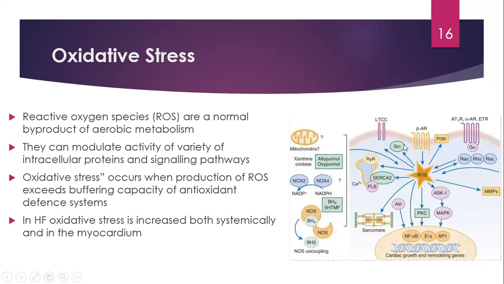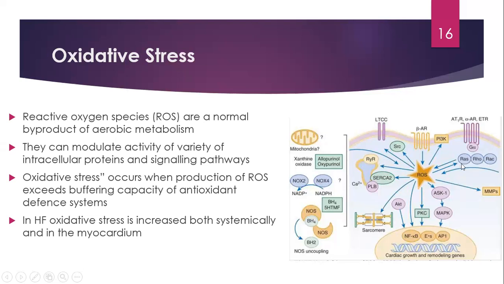So the membrane receptors are affected. The calcium channels are affected, the sarcoplasmic reticulum ATPases are also affected, the ryanodine receptors. They all malfunction in the presence of reactive oxygen species. Even in the sarcomere, the myosin and actin, their contractile effect is reduced in the presence of reactive oxygen species.